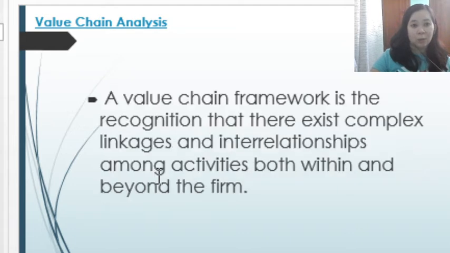A value chain framework is normally the recognition that there exist complex linkages and interrelationships among the different economic activities. Of course, we will consider those both within and outside of the firm, because there are linkages, especially external linkages, that might be directly or indirectly affecting or influencing the production or the economic activities of the entity.